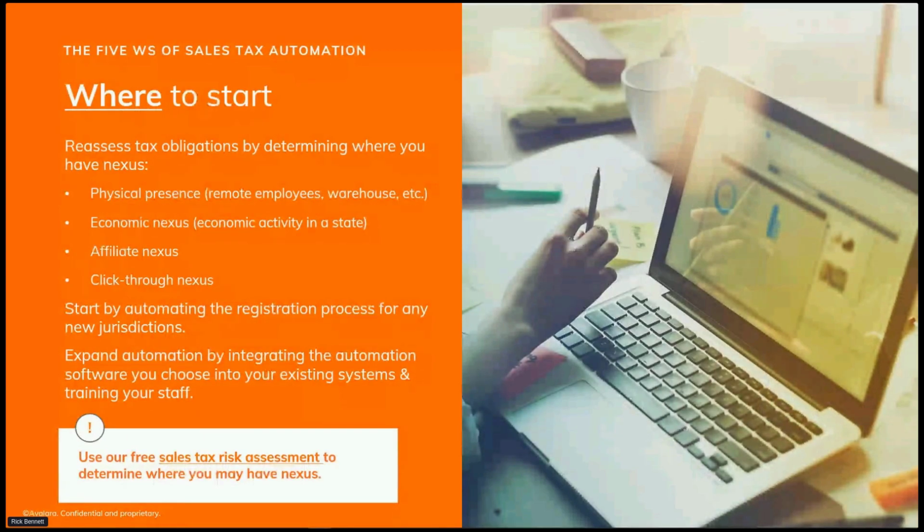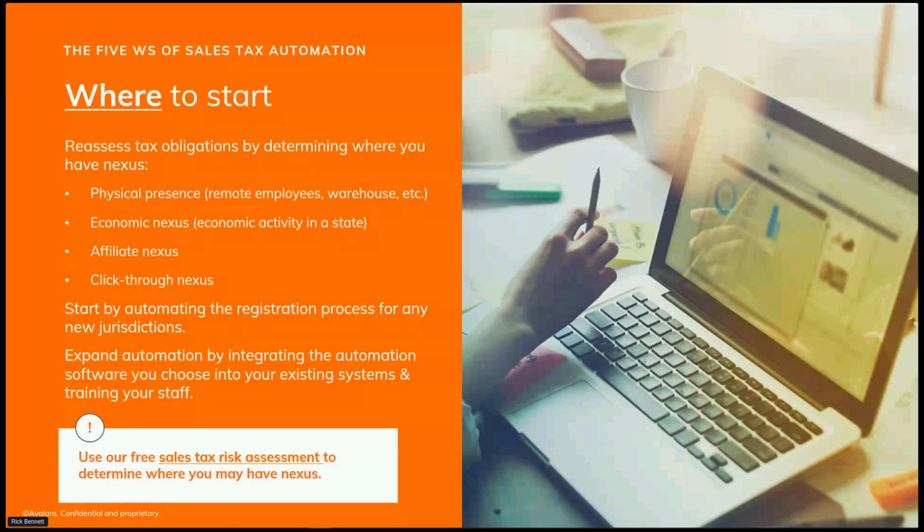When again, physical presence, your economic presence, is causing you to expand into these different states, consider automating the process. If you're expanding to different states and staying on top of the curve, we do have a free economic risk assessment.